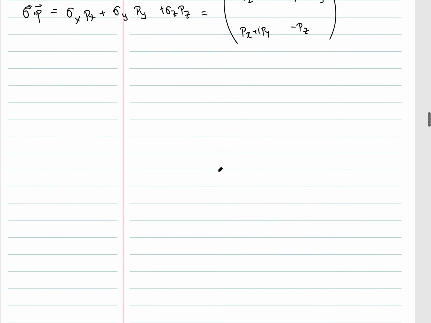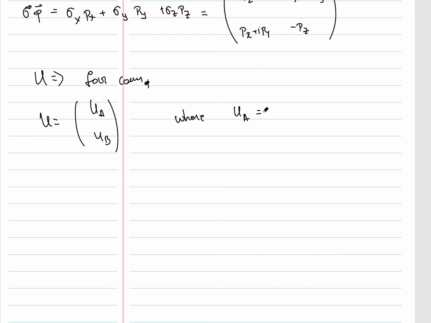Now, since we represented the 4 by 4 matrices in 2 by 2 form, we know that the spinor u is 4 component. But we can write u as 2 two-component pieces, uA and uB, where uA has 2 slots and uB has 2 slots. So you have 2 plus 2, which makes the 4 component spinor.